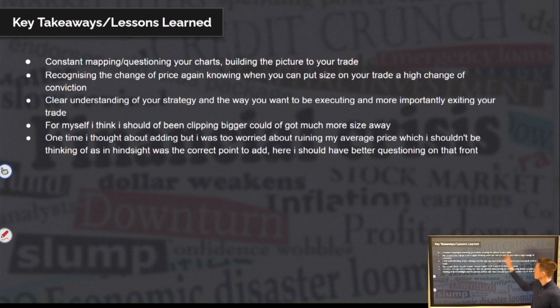You know, you're building the picture towards the trade you want to be taking. Yes, you're going to lose money on the way, but as long as you're losing like a lot less than what you would make, and understanding and recognizing change of this price action, you know, and it's knowing when that trade's much more valid, you know, and you can put size on it and you can have high conviction of it.